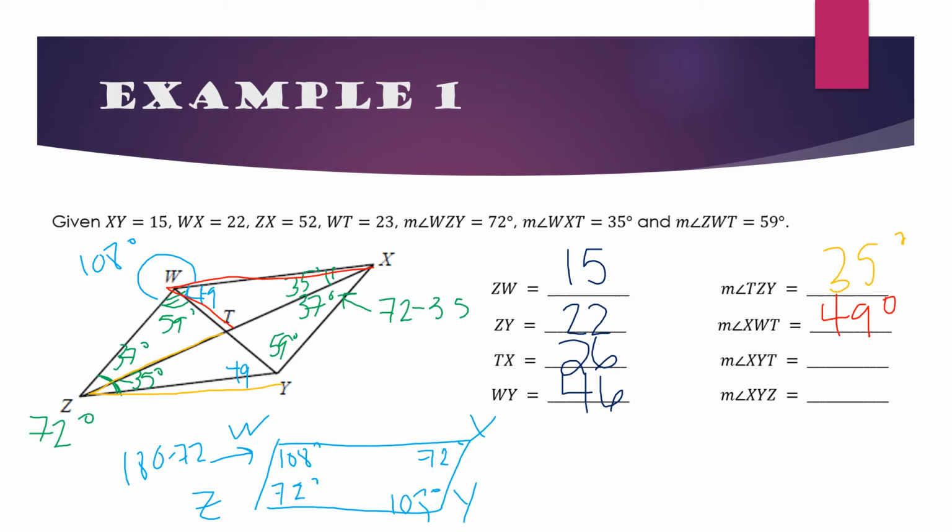Now we're going from X to Y to T. That's 59 degrees. And finally, what color do we want to use? We'll do light green. We are going from X to Y to Z. So that's that big full angle, and that was 108 degrees.